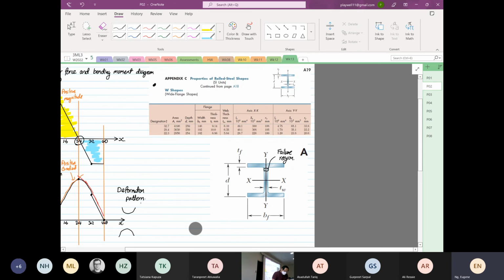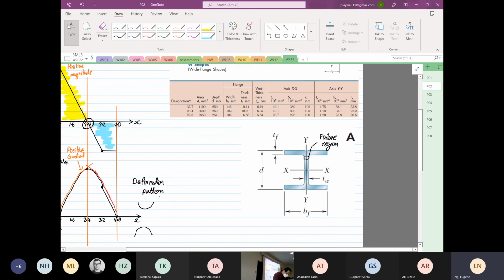We have to use one formula where normal stress σx is equal to Mz over Izz times y. The next one is shear stress is equal to Vy over Izz times Qz divided by t, and we're going to do thin wall analysis.